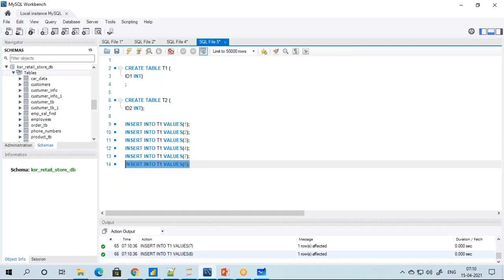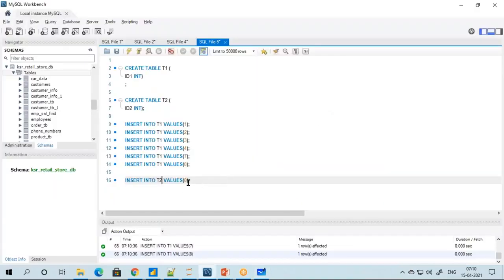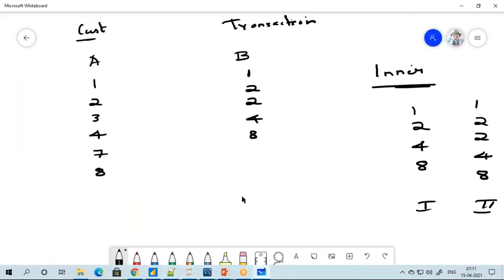Now again I'll copy, this time for my T2. For T2, the values are 1, 2, 2, 4, 8.